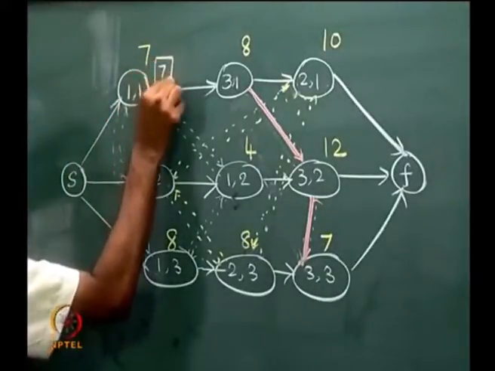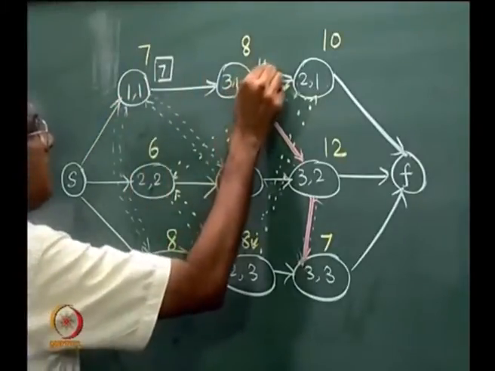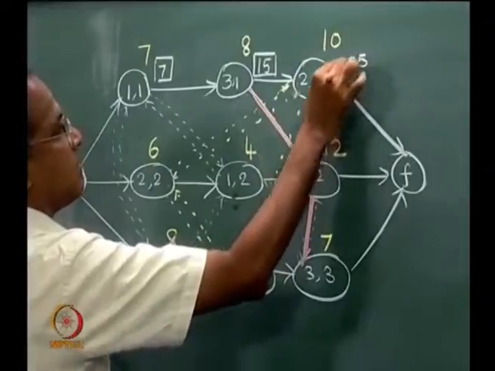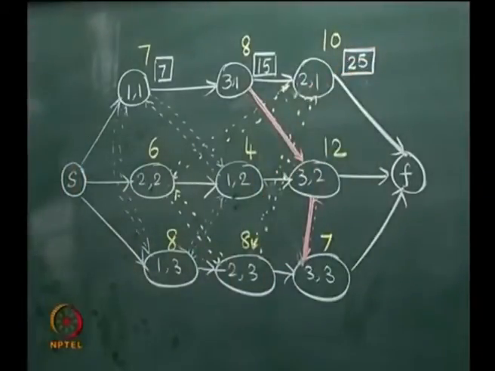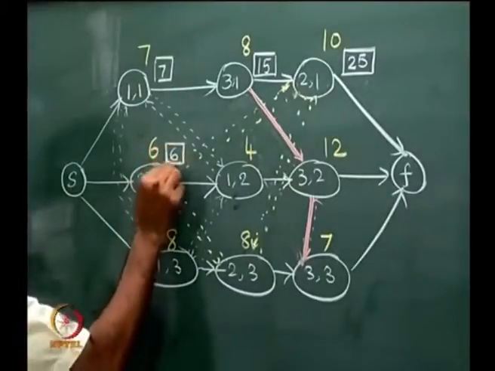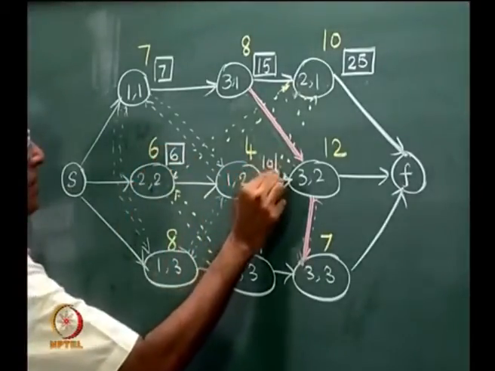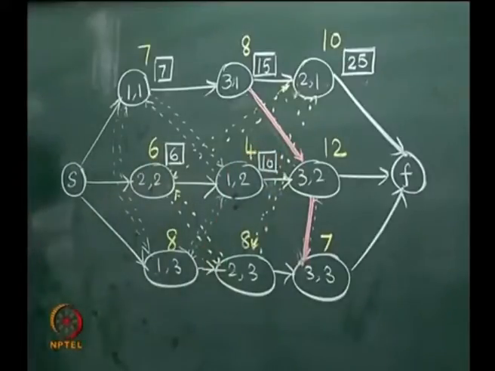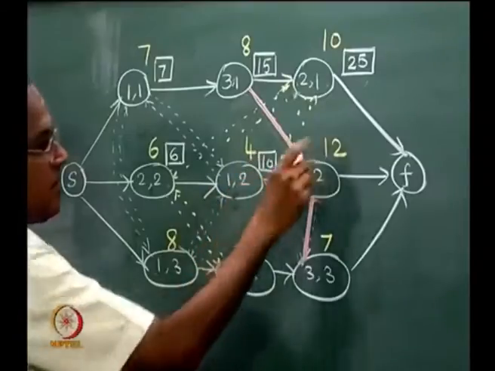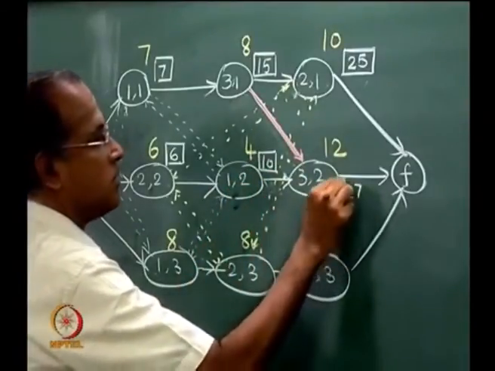From here, 7 plus 8 is 15, 15 plus 10 is 25. Now, this is 6, this is 6 plus 4 is 10. Now, this one will be 15 plus 12 is 27, 10 plus 12 is 22, so 27.